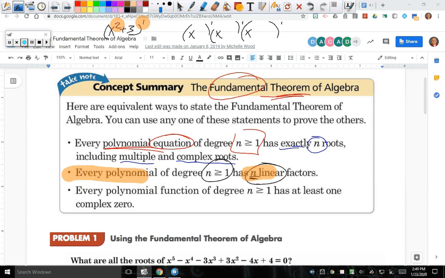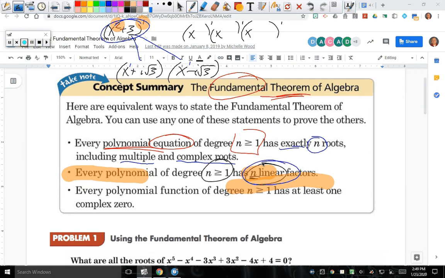When I have imaginary i's, I can make that happen. Does that make sense? You're breaking it down. Like this right here would be x plus i root 3 and x minus i root 3. That's breaking this down. And notice now the power is 1, just like it promised.